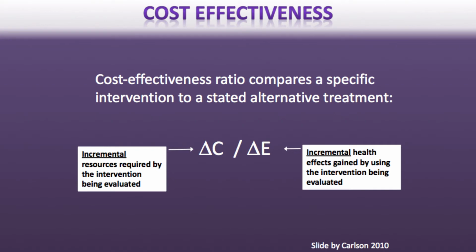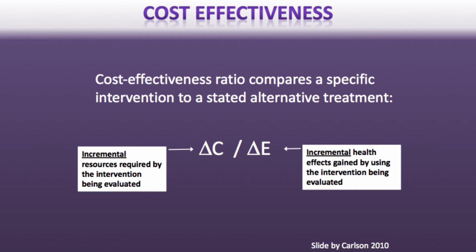So what is cost effectiveness? We talk about it all the time, right? But what it's really trying to say is how much benefit we are getting for an increase or decrease in the money we're putting into something.